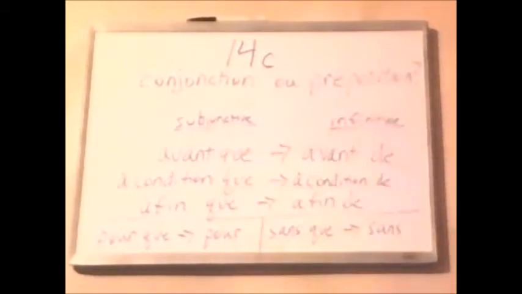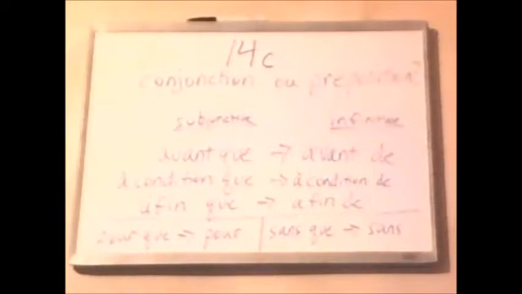But let's say that we want to say we will pray before we leave. They give you how that would look. Nous prierons avant que nous partions. But that is a very awkward way of saying that, because you don't need to repeat that same subject with that subjunctive verb when you can use one of these prepositions instead.